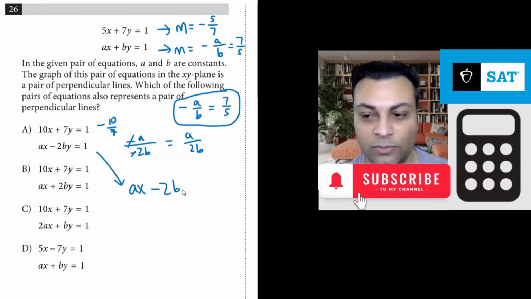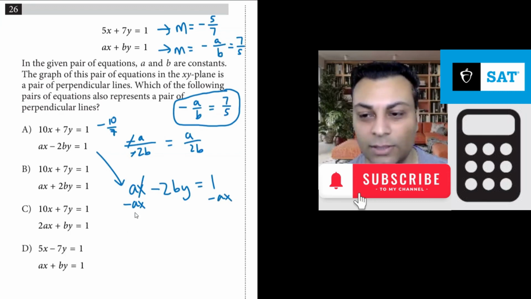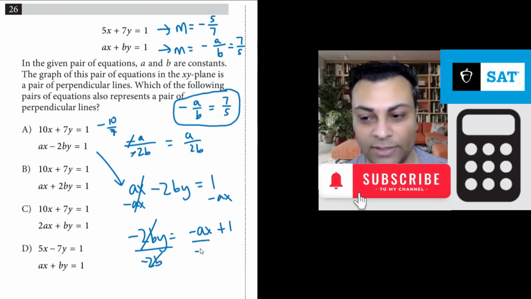Ax minus 2by equals 1. You minus the ax away, and you get negative 2by equals negative ax plus 1, and you divide by negative 2b to solve for y. This one as well, but it's irrelevant.